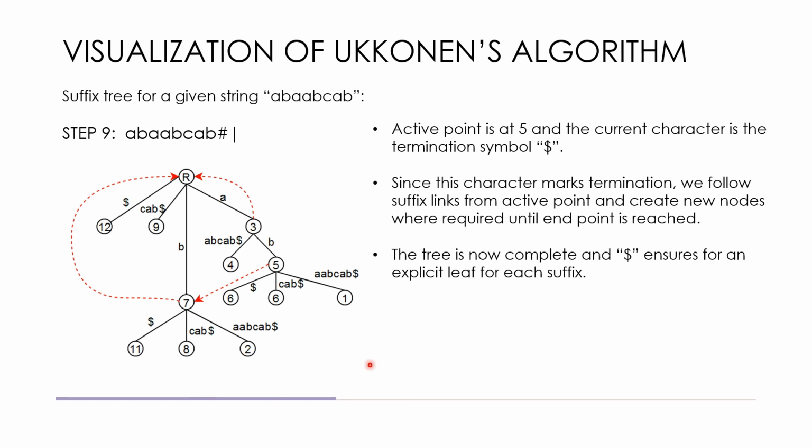And so we can see in this suffix tree that we add all the termination symbols where we need to, including the new nodes. And after all the termination symbols have been added to their corresponding places, we can now say that the suffix tree is complete, and the termination symbol ensures an explicit leaf for each suffix.